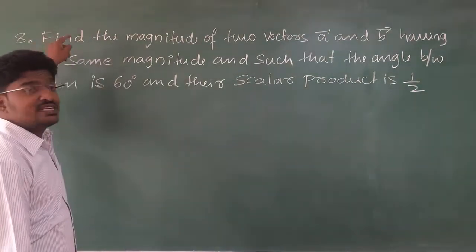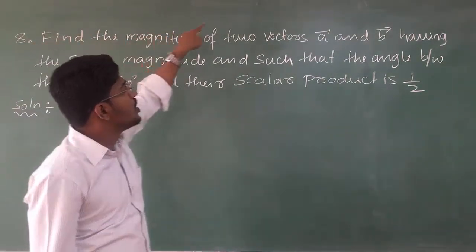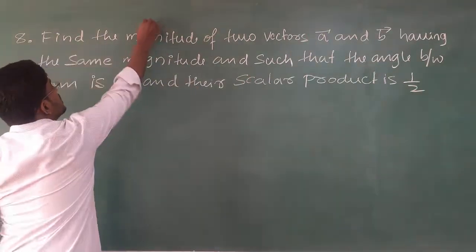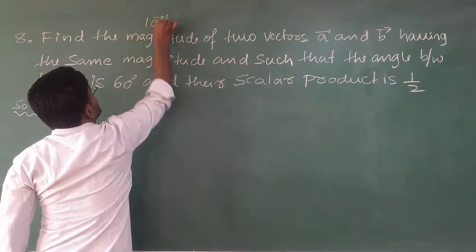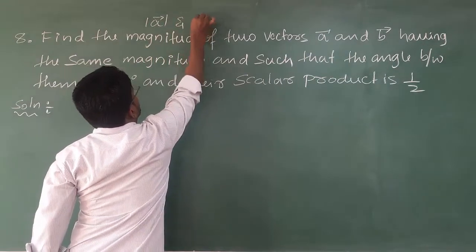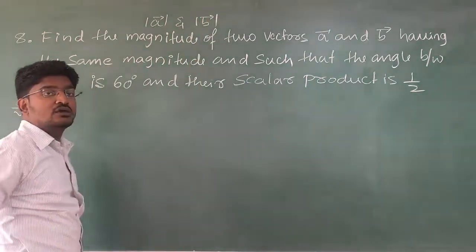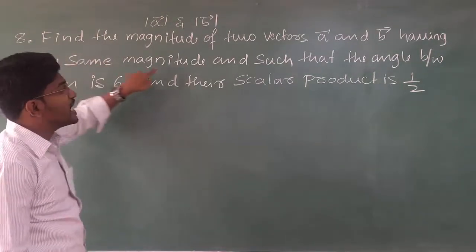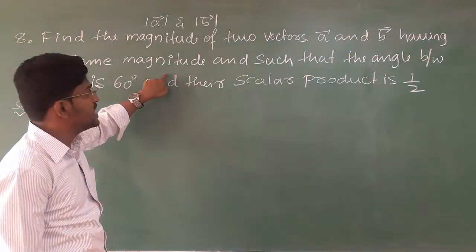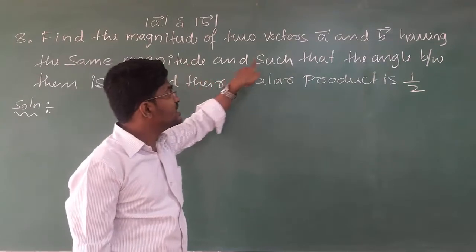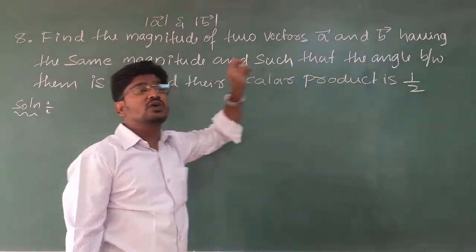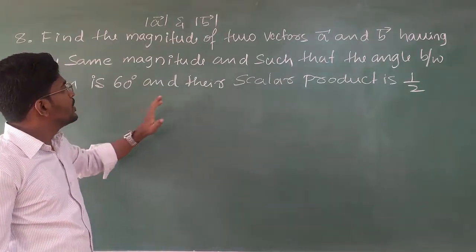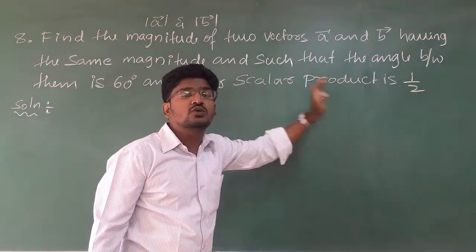They are telling us to find the magnitude of vector A and vector B, that means you have to find the magnitude of A and the magnitude of B, having the same magnitude, and such that the angle between them is 60 degrees, and their scalar product is 1 by 2.